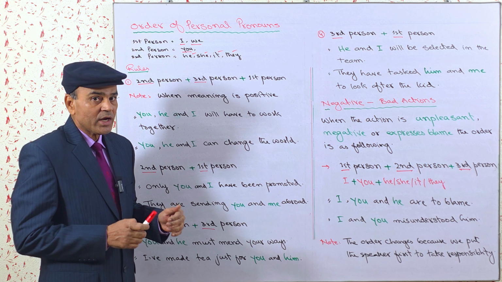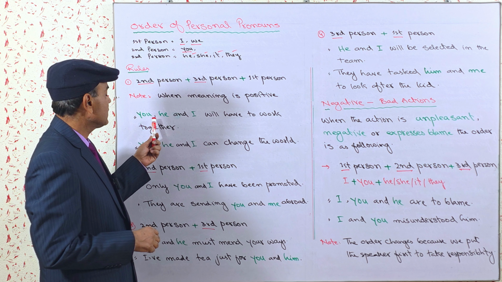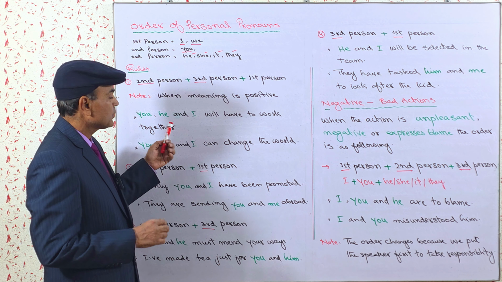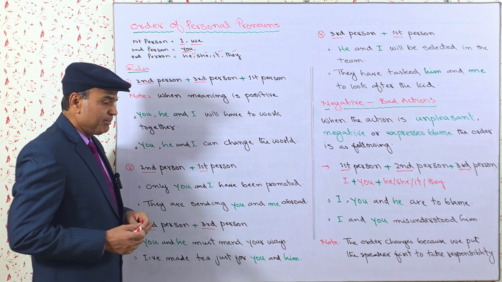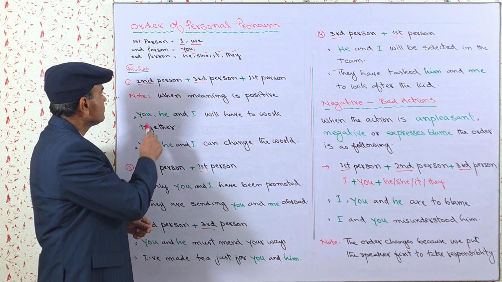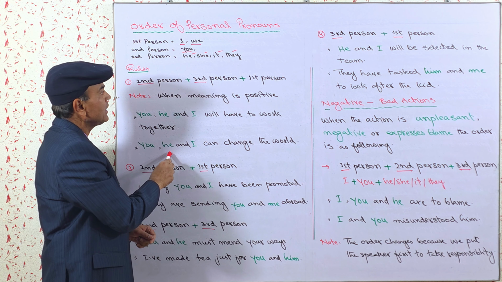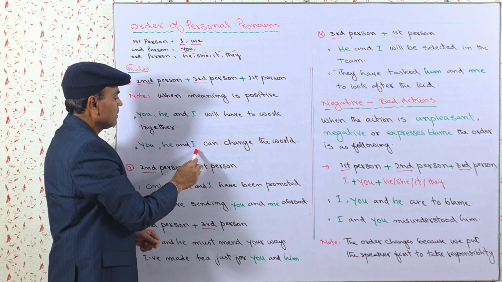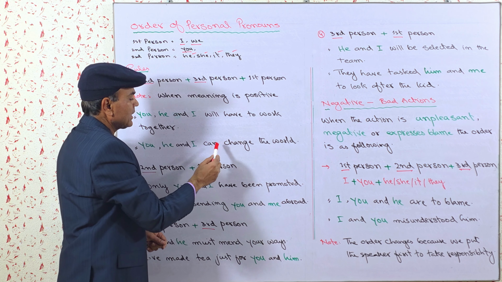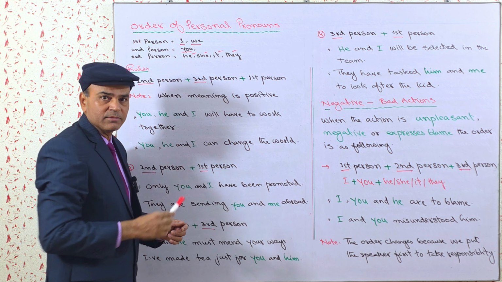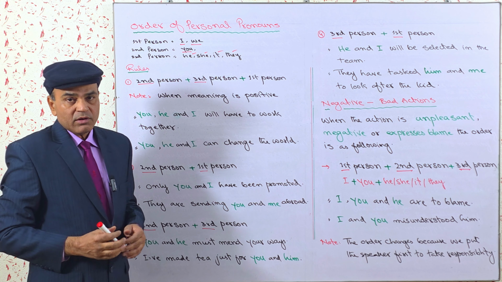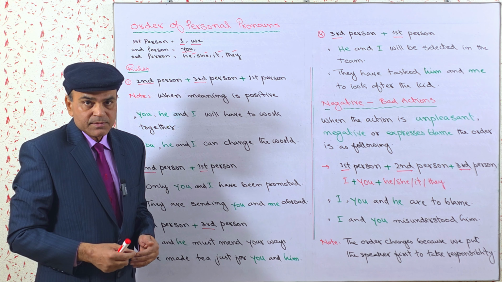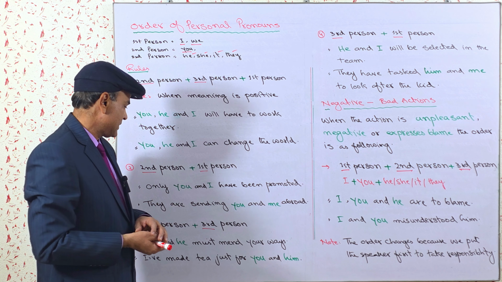This is the right order of putting the personal pronouns together in a single sentence. Second example: you, second person, he, third person, I, first person, can change the world. This happens when all 3 persons are used in a single sentence.